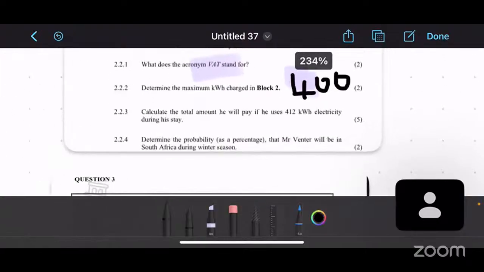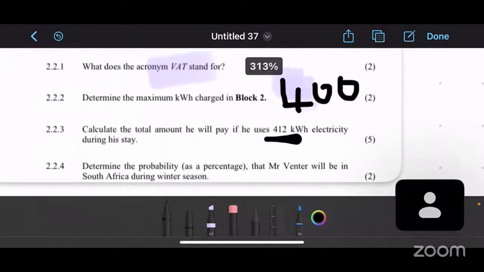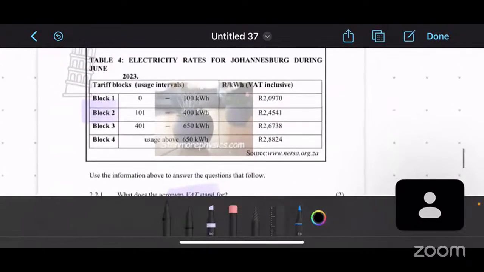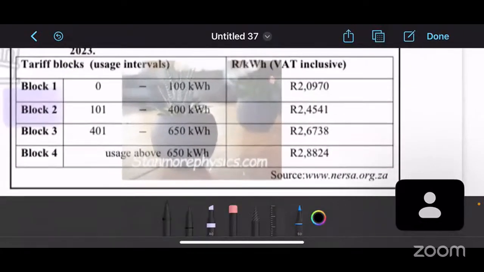And number three says calculate the total amount he will pay if he uses 412 kilowatt hours of electricity during his stay. If he uses 412, how much are they going to charge him?